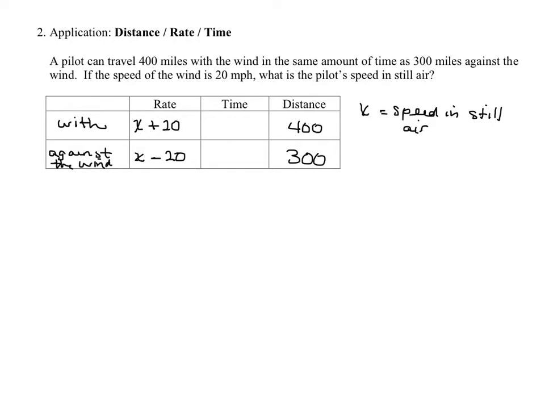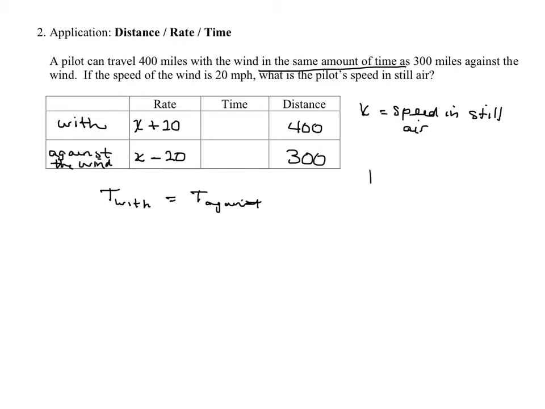Now, the question is, how do I get some kind of equation out of this? Would you agree with me that the time with the wind is equal to the time against? How do I know that? In the same amount of time. So how do I figure out the time?